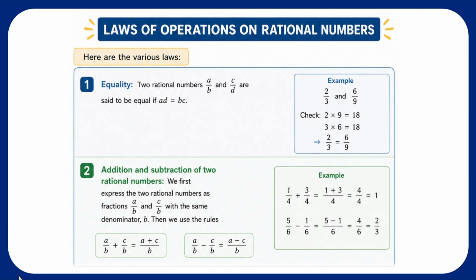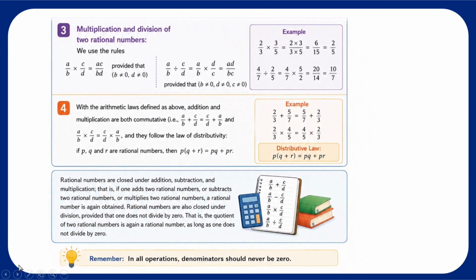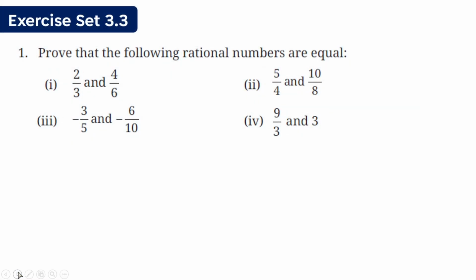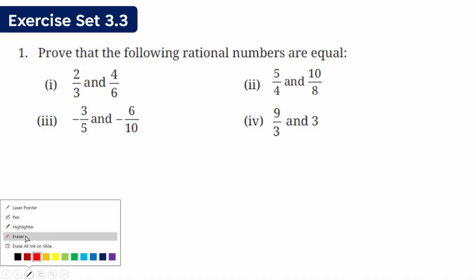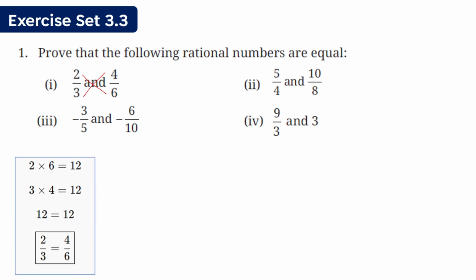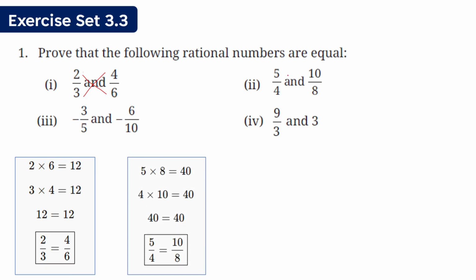So we are going to use this law to solve the first question in this exercise. So the cross product is to be found. 2 times 6 and 4 times 3. They have to be equal. So when you multiply 2 with 6, you get 12, and 3 times 4 is also 12. Hence, they are equal.